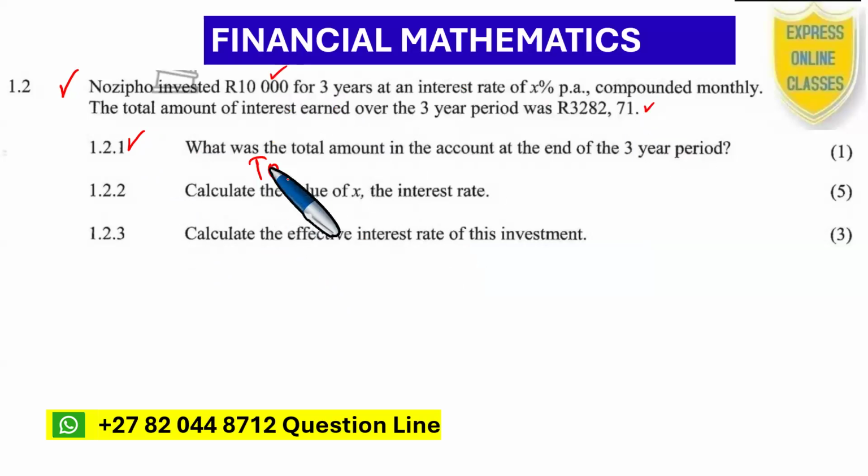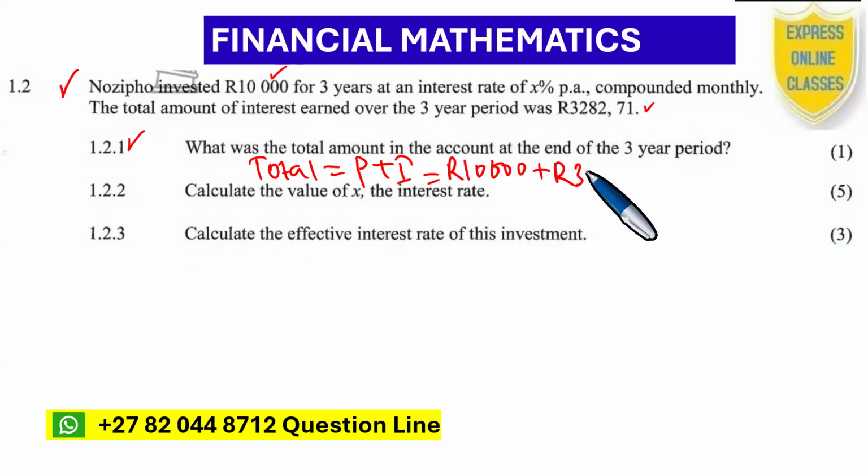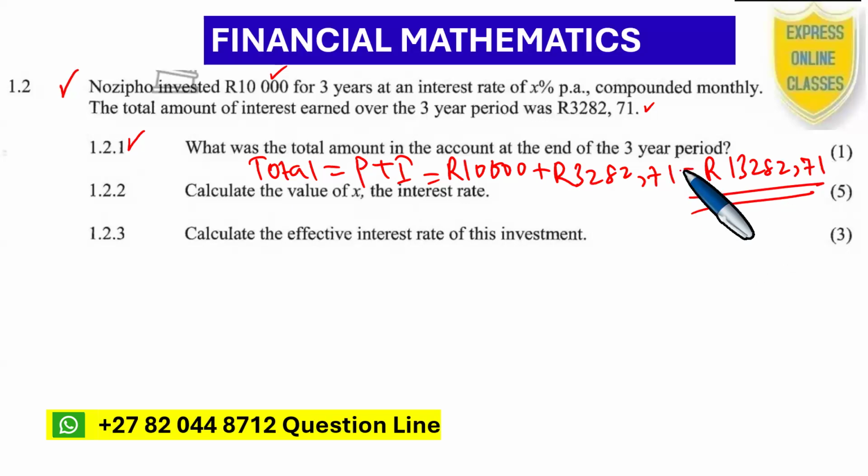So the total is the present value plus the interest: 10,000 plus the interest of 3,282.71, and when you add everything here, you get exactly 13,282.71. So well done there. I'm glad you're able to get that one right.